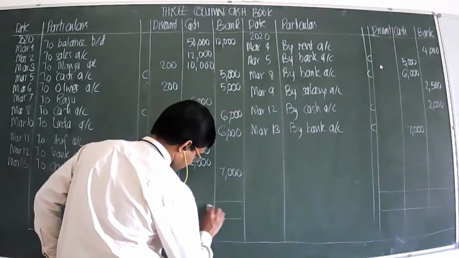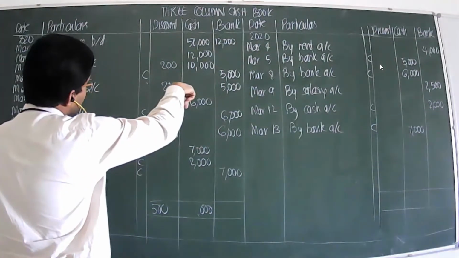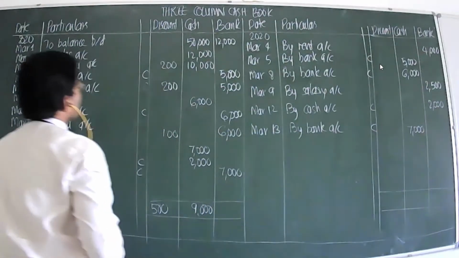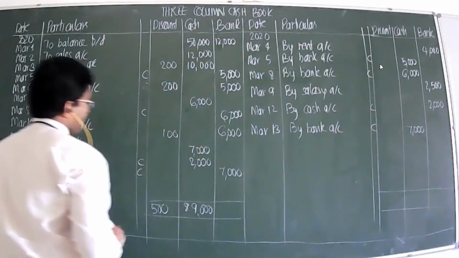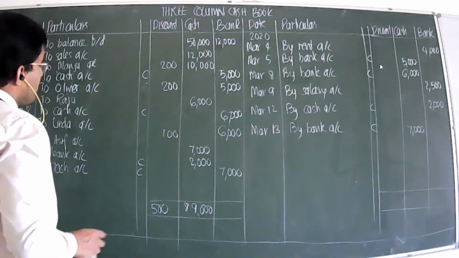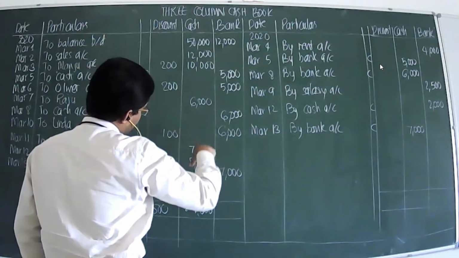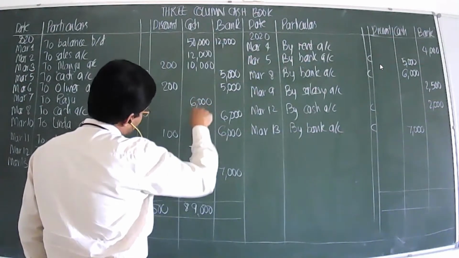So here it is 0, 0, 0, 2, 8, 15, 9, 1, 6, 7, 8, 89,000. Can someone please just confirm? So 2, 8, 2 plus 6, 8.